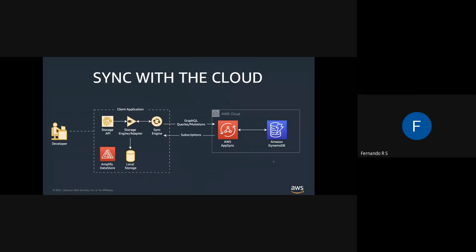So if it works offline and you want to sync it with the cloud, you just want to add another category to your Amplify project, to your Flutter project, which is the API category. And the API category is going to create that backend for you, which leverages AppSync, which is our GraphQL service, and Amazon DynamoDB.